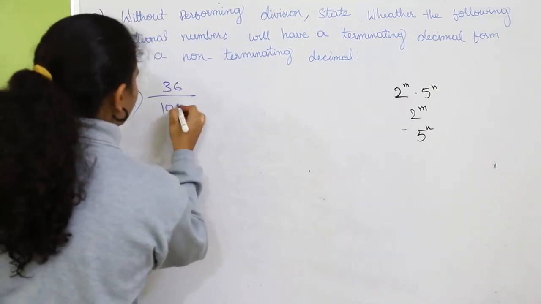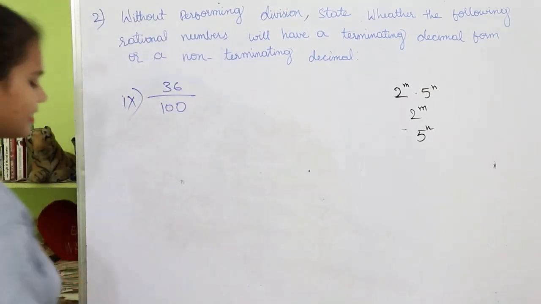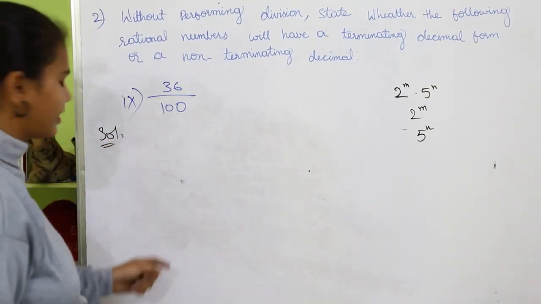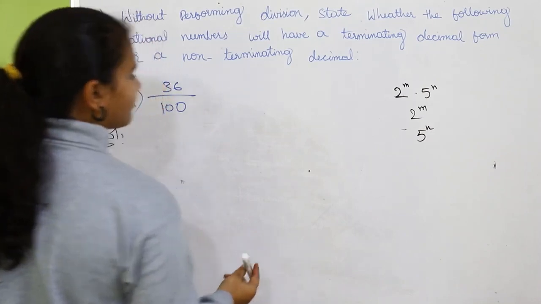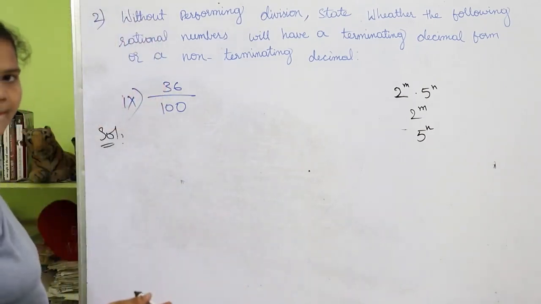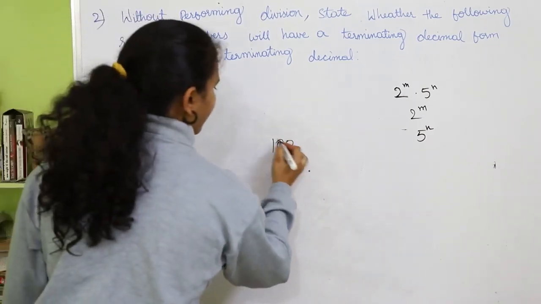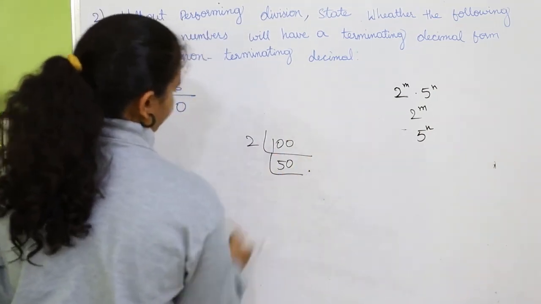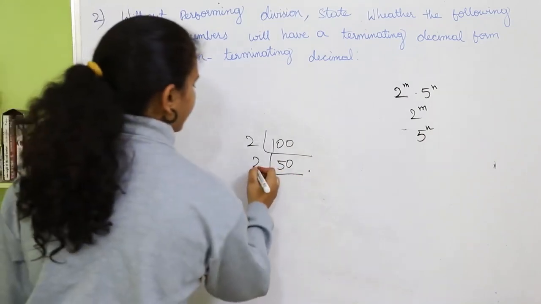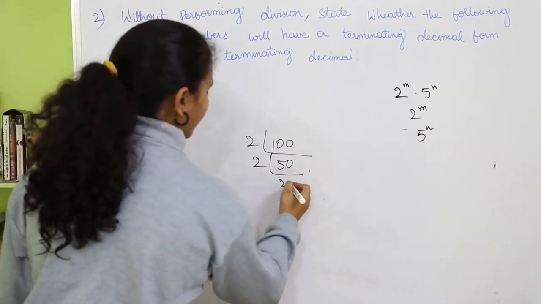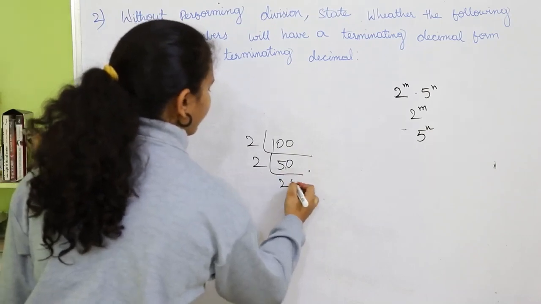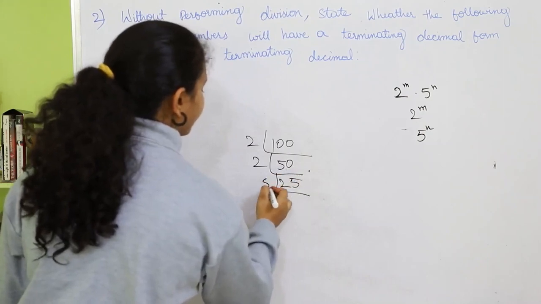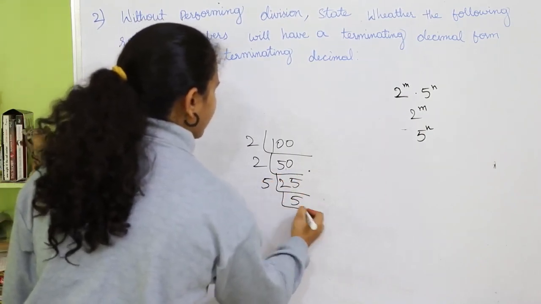36 by 100. Guys, if you look over here at 36 by 100, if I take the LCM again, 100 means 2 twos are 4, and 2 5s are 10, right? Then the 5 table, 5 5s are 25, 5 1s are 5.